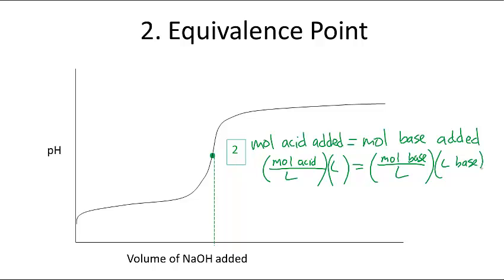Another way this is often written is MAVA equals MBVB. Molarity of acid times volume of acid equals molarity of base times volume of base. And that'll be true at the equivalence point.